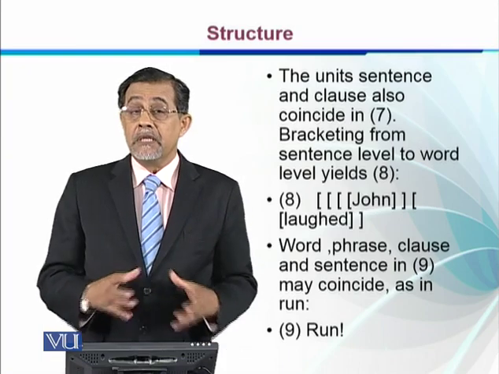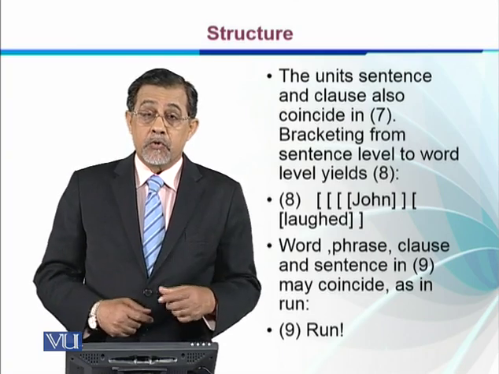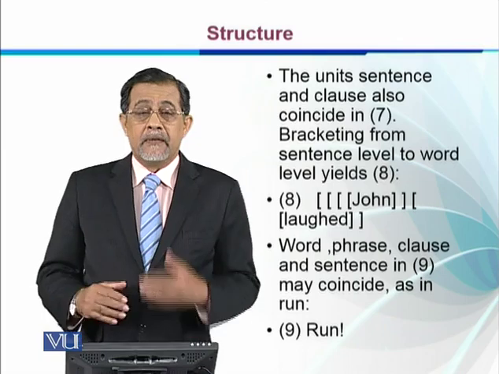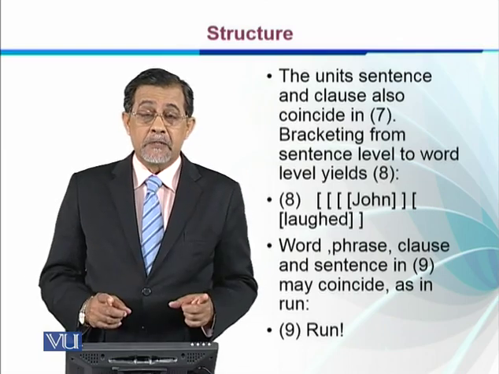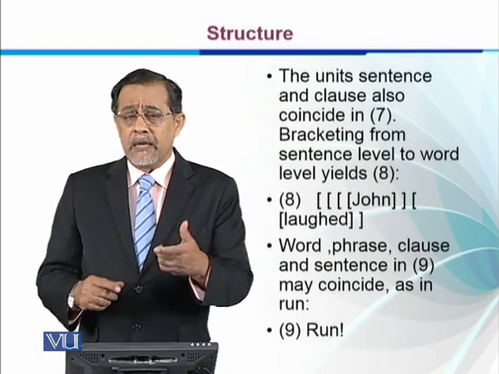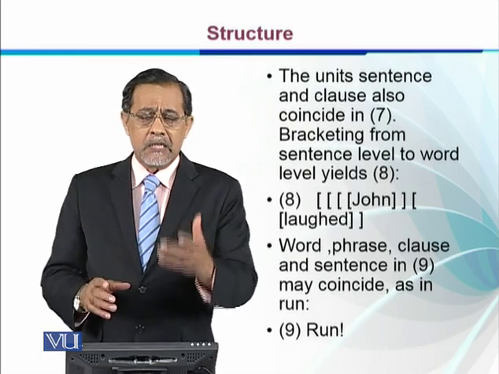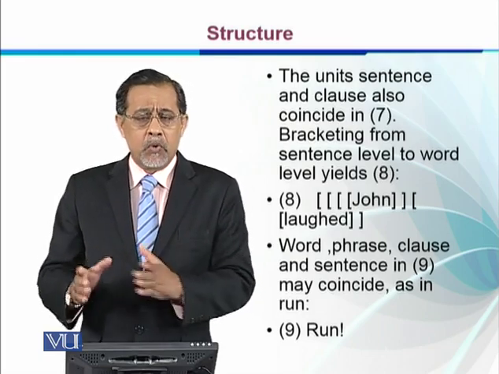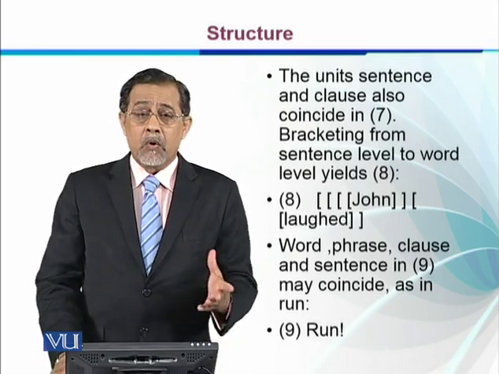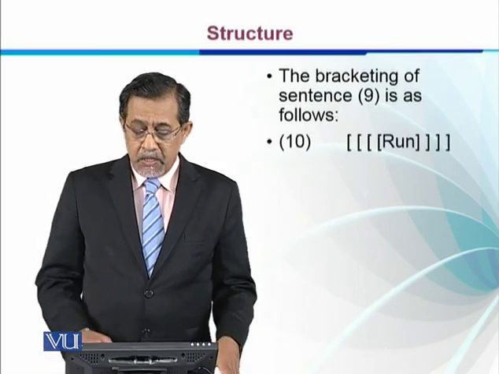if you recall, we did discuss the same structure when we were talking about the hierarchy of the sentence. So this run is a word, words are separated by spaces, then a phrase consists of one or more than one word, then a clause consists of one phrase or more than one phrase, and a sentence may consist of one or more than one clause. So this is a one-clause sentence. So the bracketing of such a sentence is as follows.